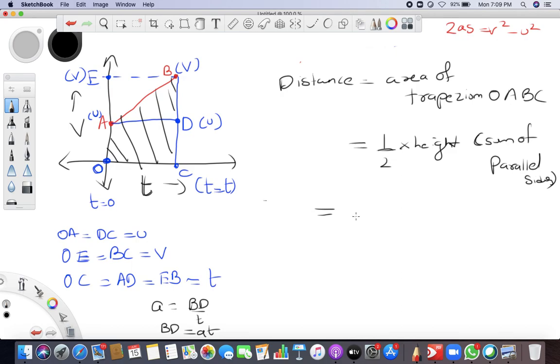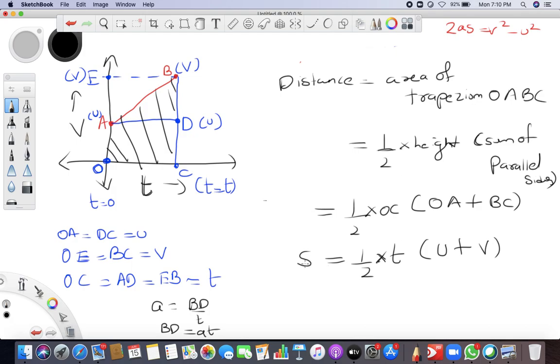Now what is our height here? Our height is OC, right? And parallel sides, what I said, OA plus BC. Yes. Now what is your OC? OC is T. What is your OA? U. What is your BC? V.